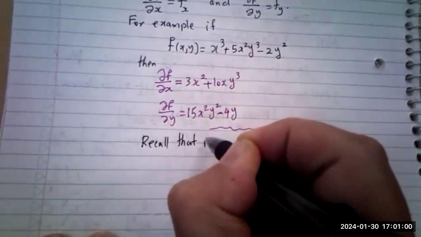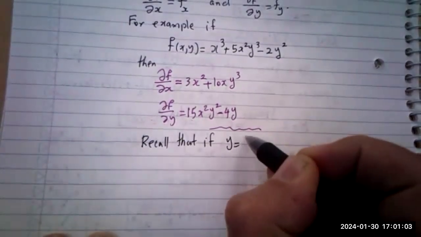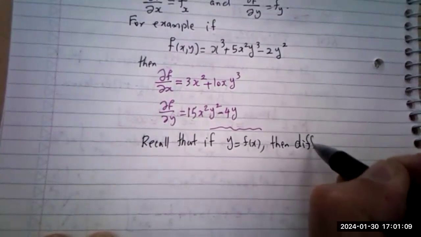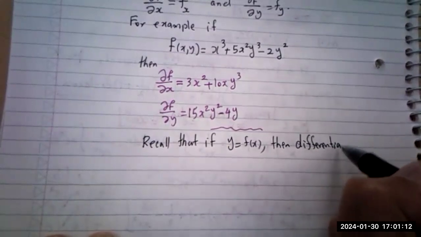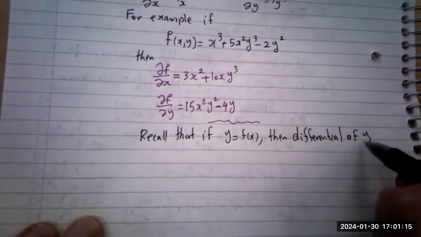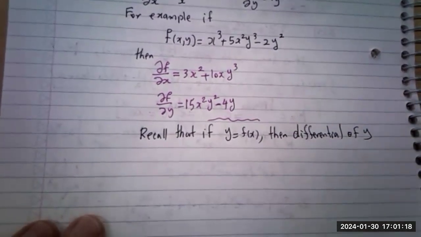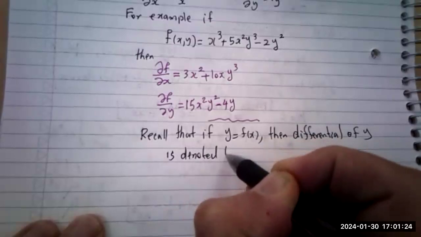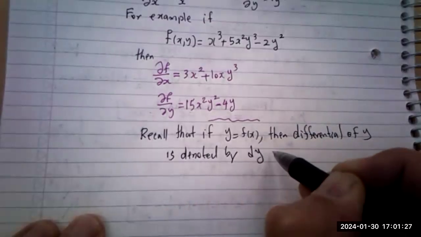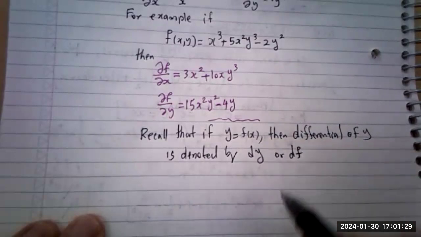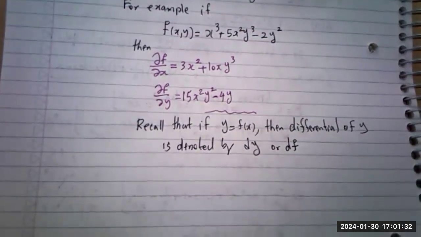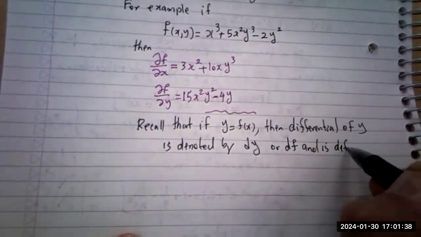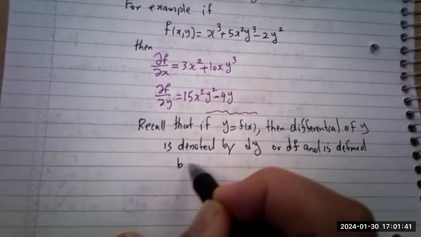So I just recall that if y is equal to f of x, then the differential of y is denoted by dy, or you can say df. df, the differential of y, the differential of f, is defined by, what?